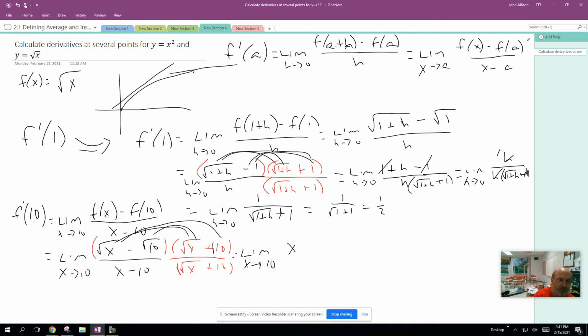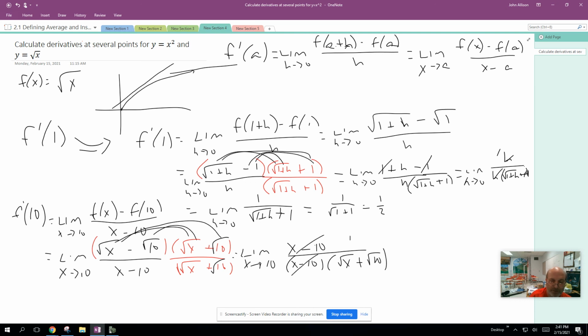The square root of 10 times the square root of x, and the square root of 10 times the square root of x times negative square root of 10, those cancel out. And then the negative square root of 10 times positive square root of 10 makes minus 10. And this is all over x minus 10 times the square root of x plus the square root of 10.